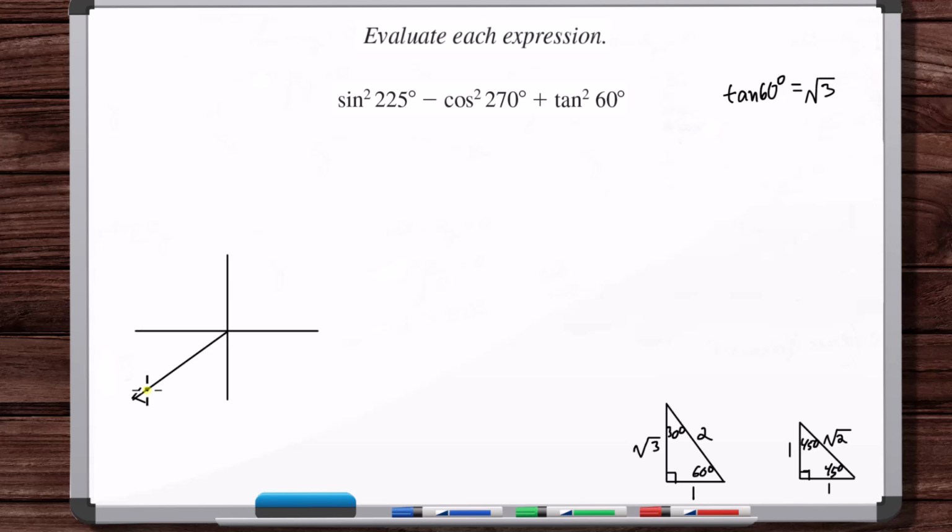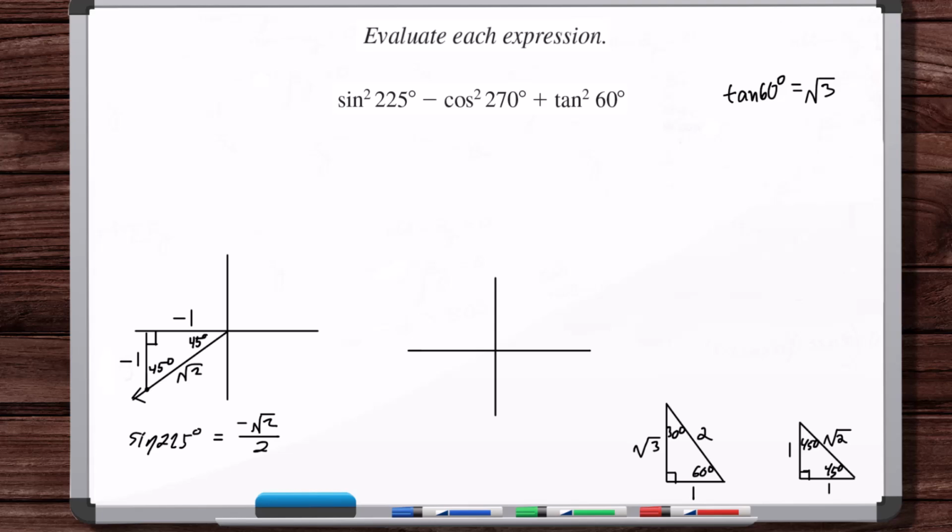All right, so this is root 2, minus 1, minus 1. So the sine of 225 is equal to opposite over hypotenuse, that's minus 1 over root 2, that's minus root 2 over 2.